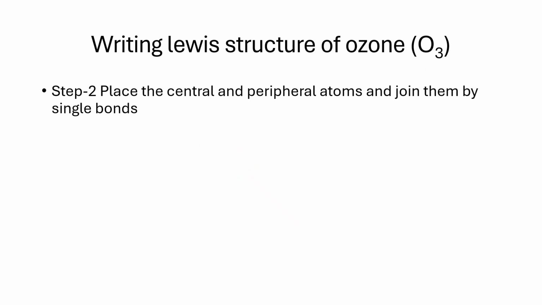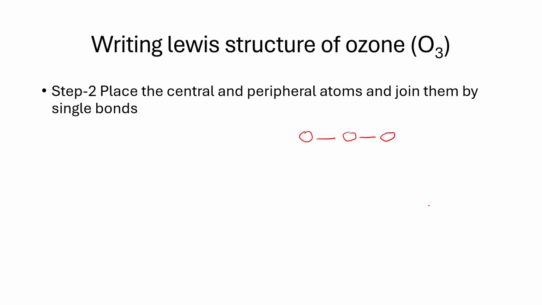In the second step, we place the central and peripheral atoms and join them by single bonds. So in this case, all our atoms are oxygen, so it really doesn't make a difference what we place at the center or at the periphery. So we have three oxygen atoms. Let's just line them up like this. And we have a single bond which we connect them with.